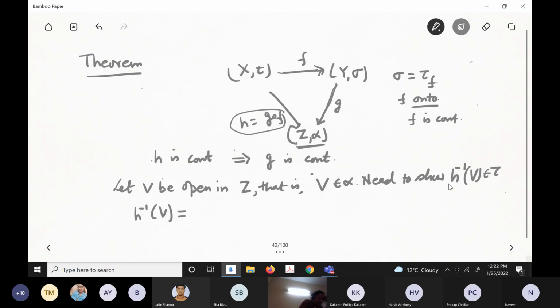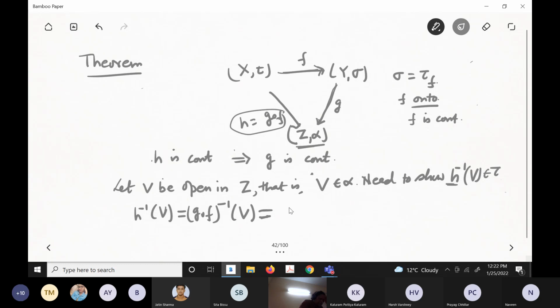Now look, H inverse V. You should know that here it is the pre-image. This is not the map. H inverse, because H may not be one-to-one, onto, a bijection, so it is not a map. When I say H inverse V, it means the pre-image or inverse image of V under H. So H inverse V is (G composed with F) inverse V. This is also a pre-image, and it can be proved.